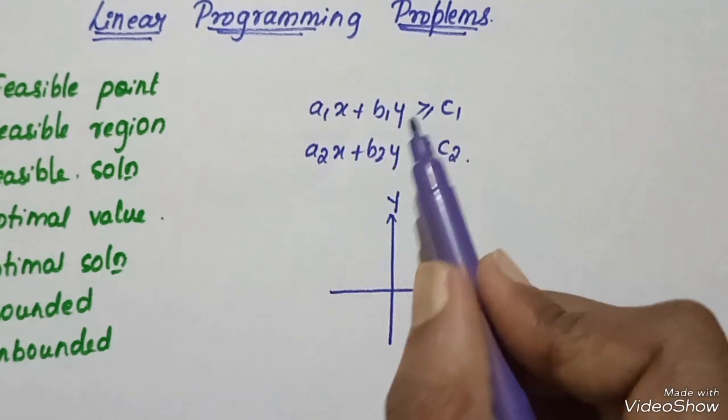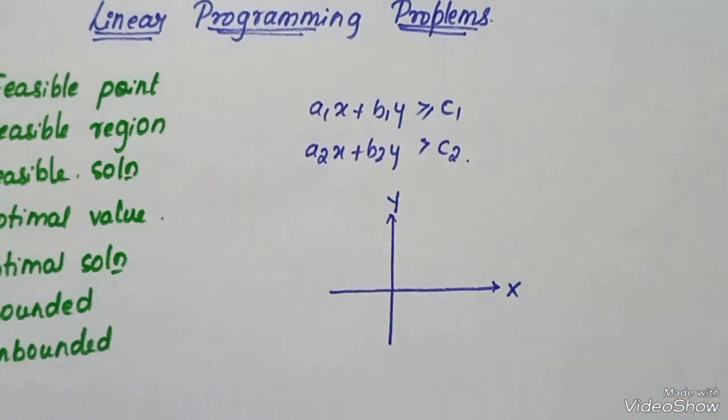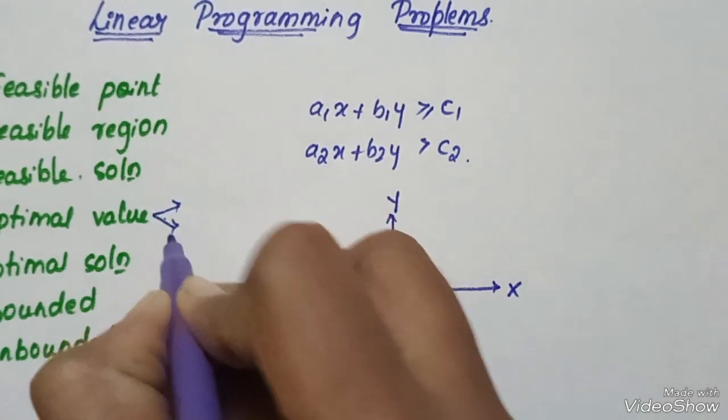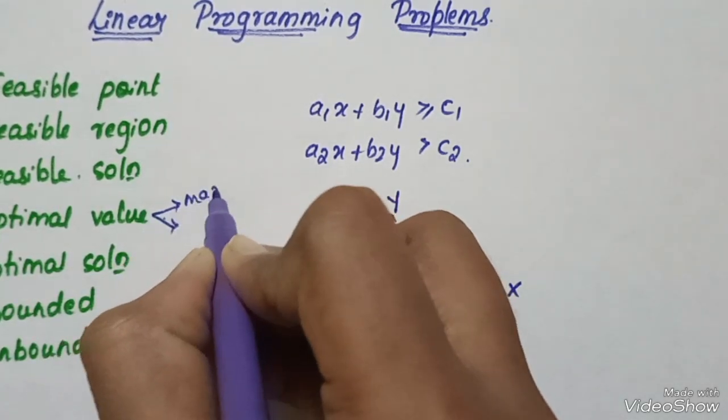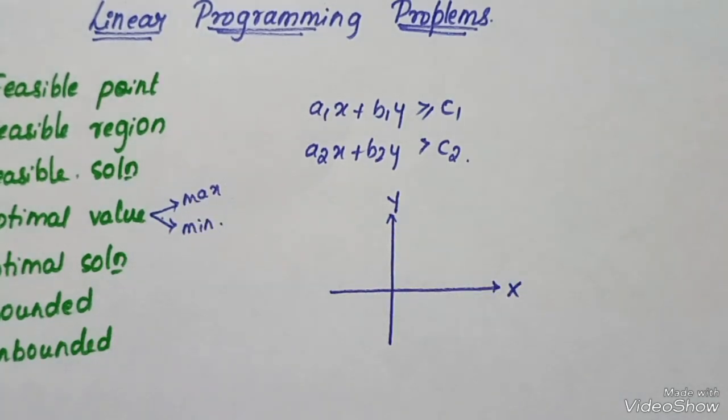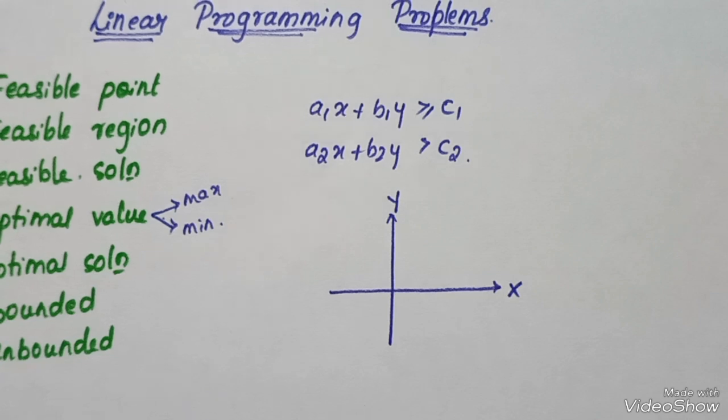Optimal value means the maximum or minimum value. These types of problems are called optimization problems.